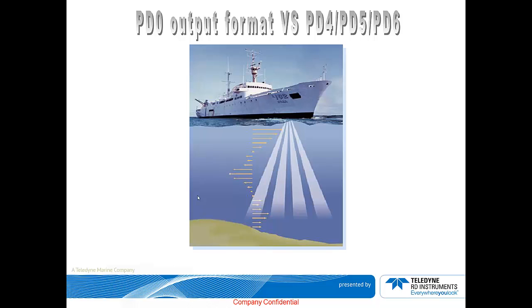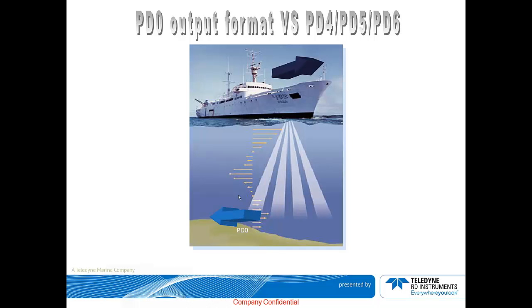With PD0, the DVL assumes that the DVL is always stationary and that it is the ground that's moving. For instance, if your vehicle is moving towards north, the DVL, when using the PD0 data output format, would interpret this as if the bottom is moving towards south, and thus, if not paid careful attention to, would make you think that your vehicle is moving south instead of north.